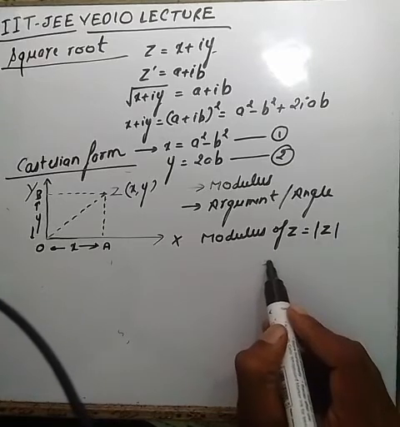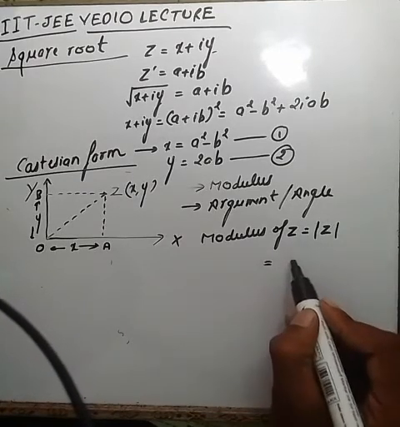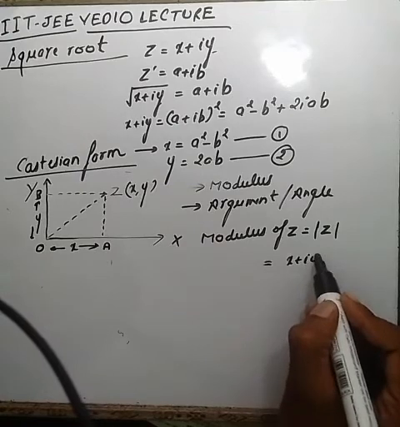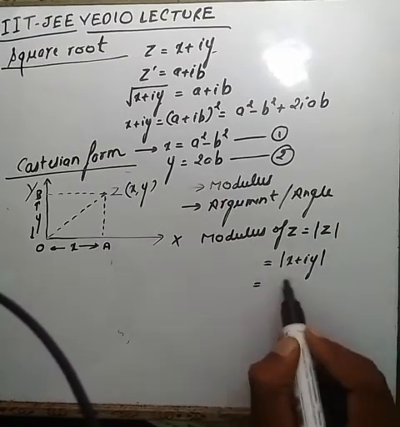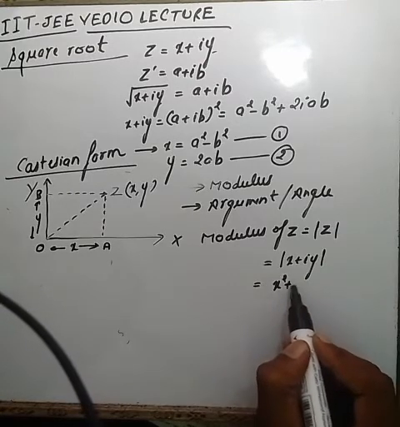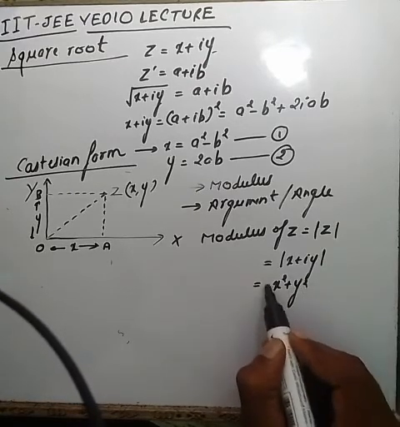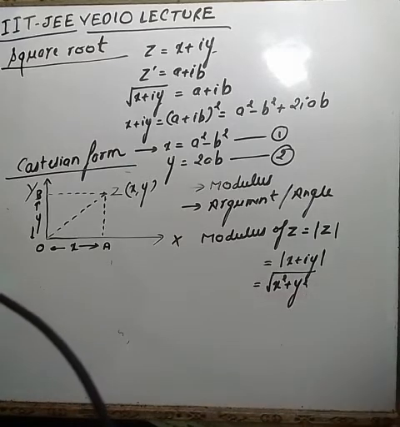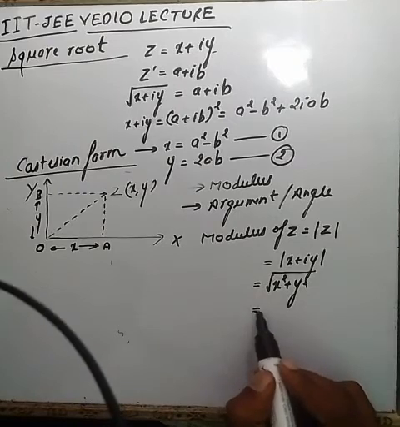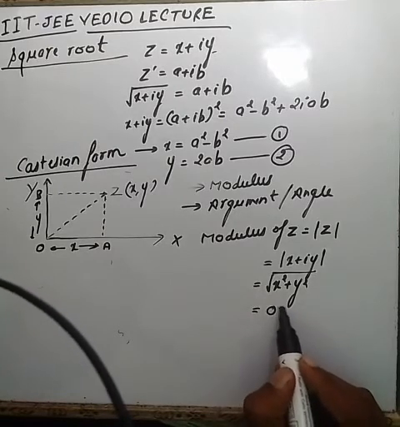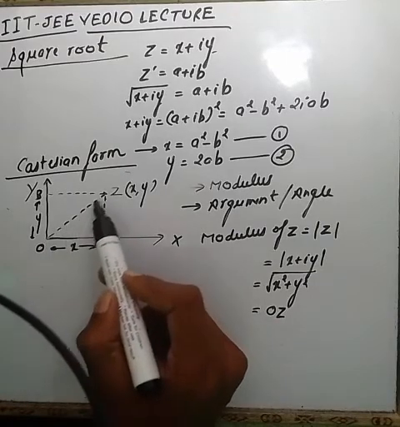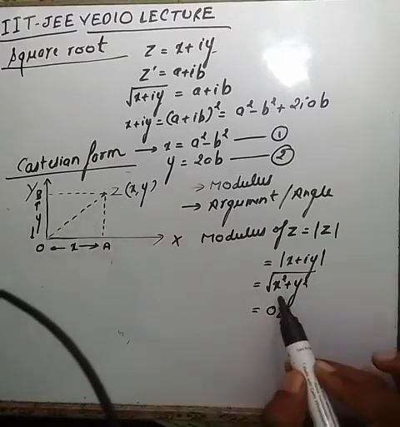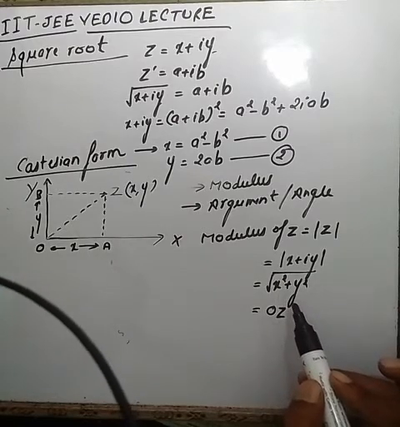So what will be the mod of z? Mod of x plus iy will be the square root of x square plus y square. Okay, and it is also equal to OZ on this xy plot, because this O to Z will be under root of x square plus y square.